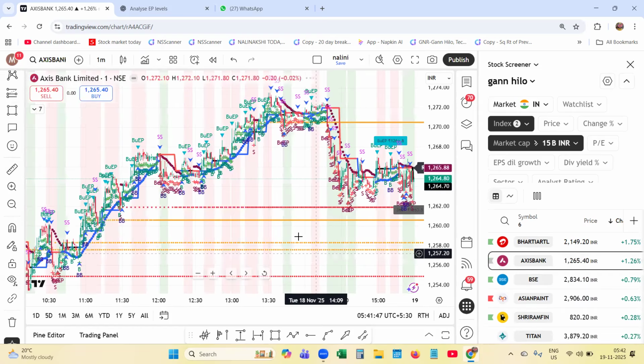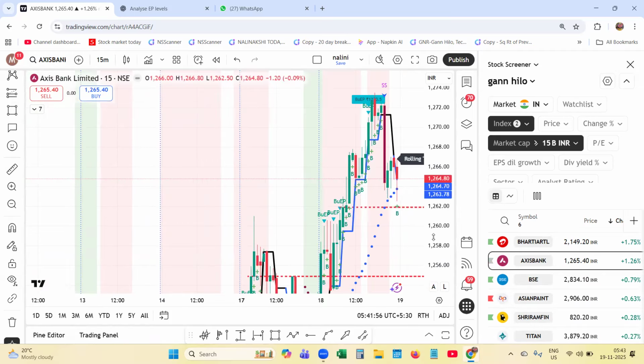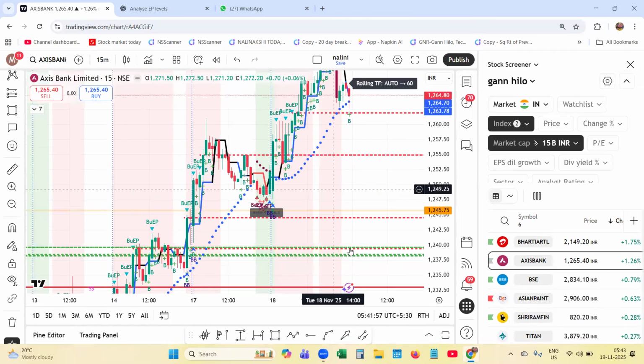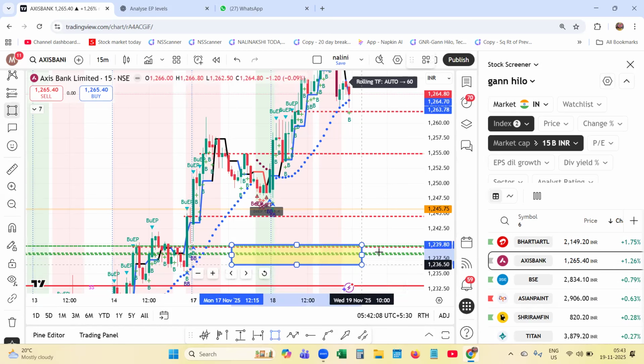Let us go to Axis Bank. Axis Bank, let us turn into 5 minutes or 15 minutes. If we turn into 15 minutes, on 17th, there are strong hourly supports. So this is the reference point for the hourly direction.